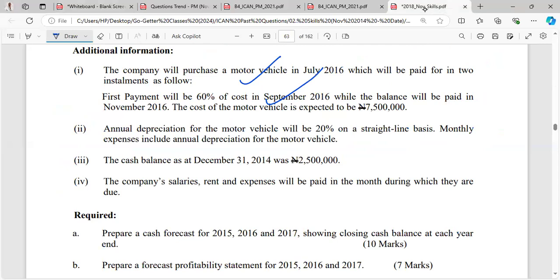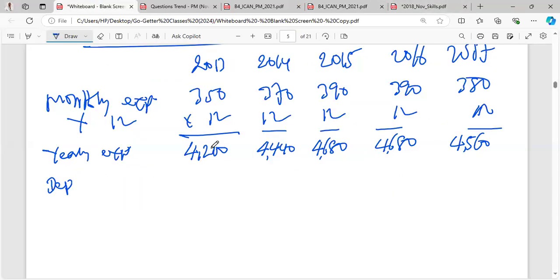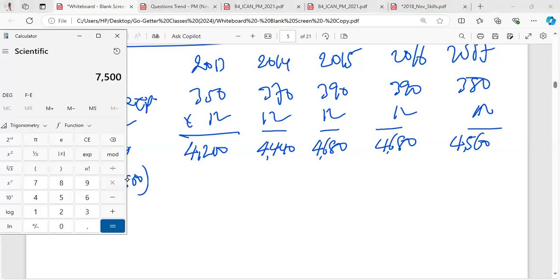So 20% of 7,500. That's 7,500 multiplied by 20%, which is 1,500.